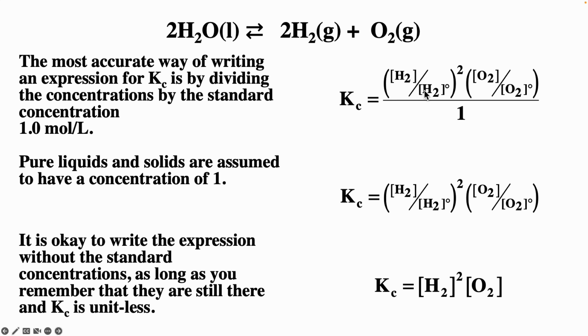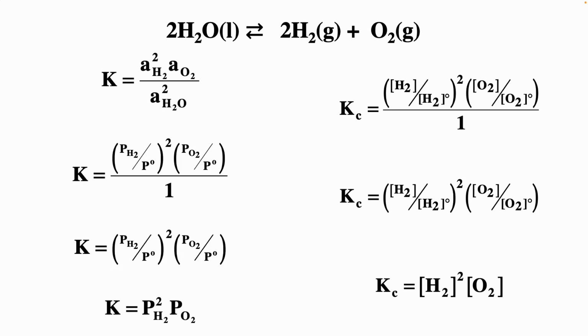And so for our K sub C, we treat everything in terms of concentrations. Our liquid, we still have just an activity of 1. And so we can write this down as long as you remember that the concentration is divided by 1 mole per liter, so the equilibrium constant is unitless. And so this gives us our K, and this gives us K sub C.